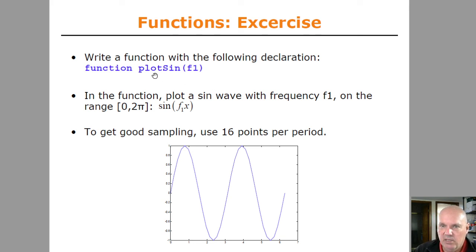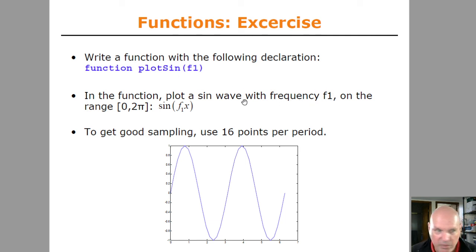You're asked to write this function so that when you call it with a single argument, it will plot the sine wave over the range where x goes from 0 to 2 pi, with the particular frequency that you pass.